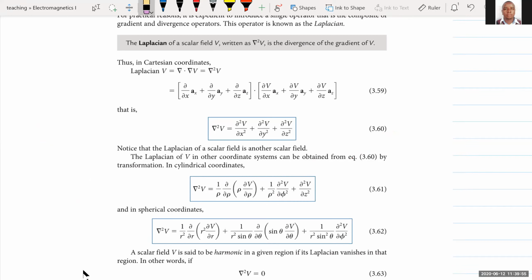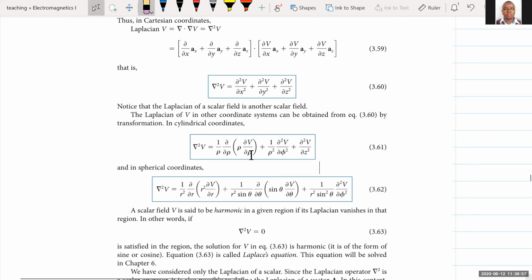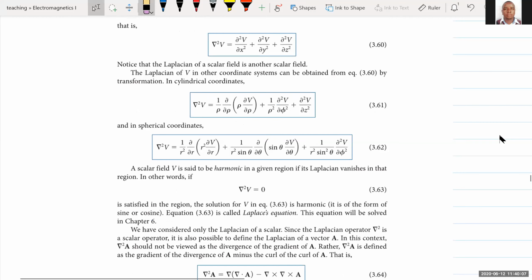And lastly is the Laplacian of a scalar field in spherical coordinate system. Again, another complex one, but not too complex. Just introduce now 1 over rho squared there and 1 over rho squared there.